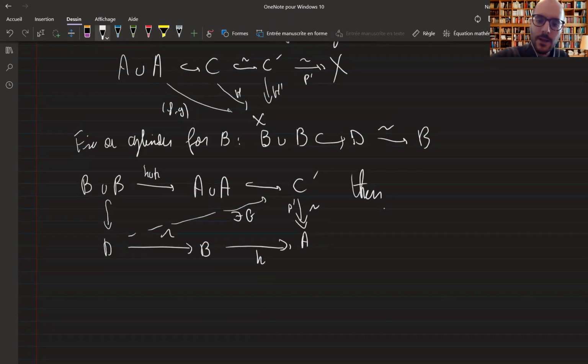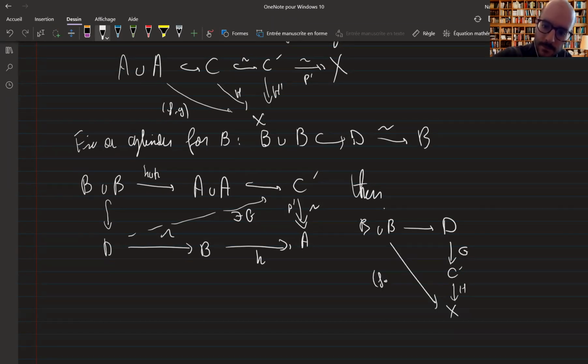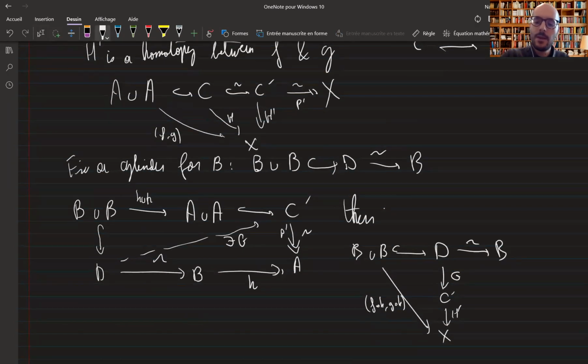Then I let you check that G is, oops, sorry. So you have here, it goes into C prime. It's not easy to write on this thing. So if you compose this G with the H prime, I guess, from before, then this is a cylinder as assumed.